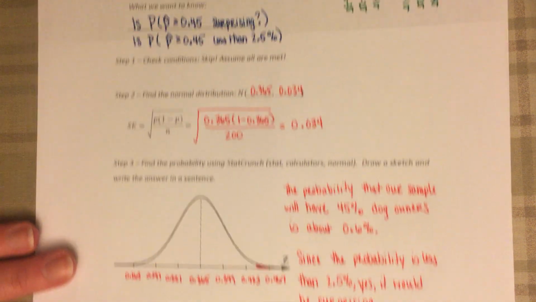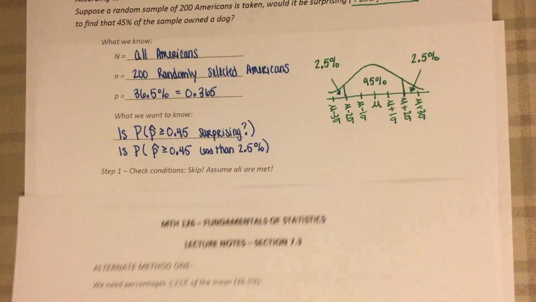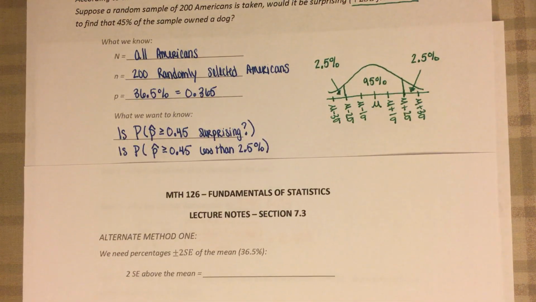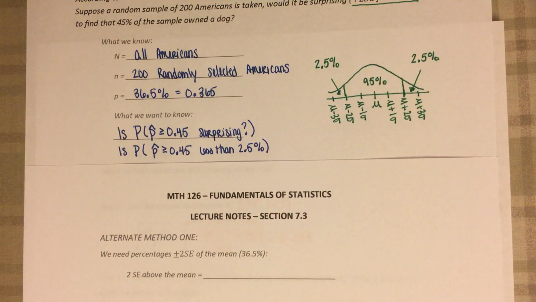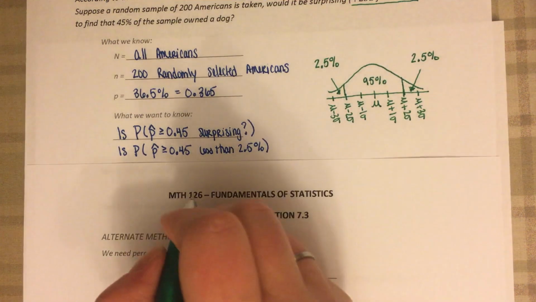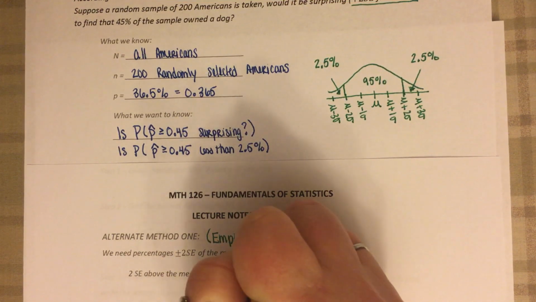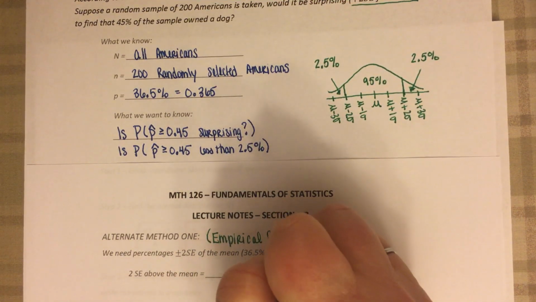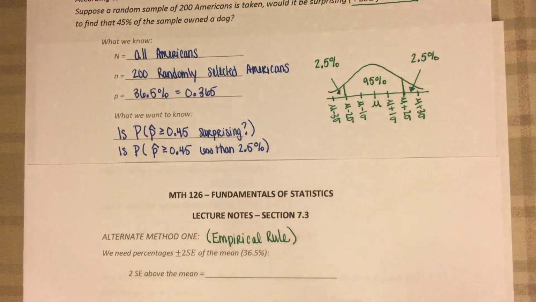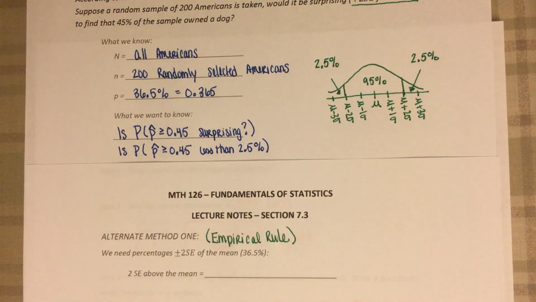So I'm going to go back to my summary here and use that with the questions on the next page. So one alternate method, we could use our empirical rule. We need to find percentages that are 2 standard errors above the mean.